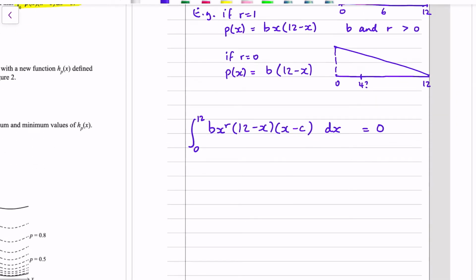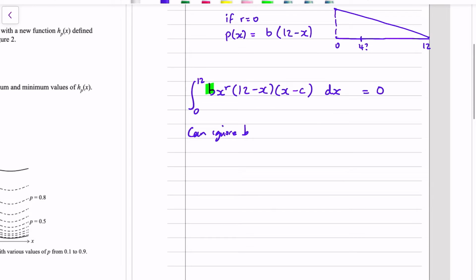The first thing is b can be taken outside of the integral because it's a constant, and then because it's equal to 0, we would divide out the b. So b is not going to be in our solutions, so we can ignore b, because we're making this equal to 0.